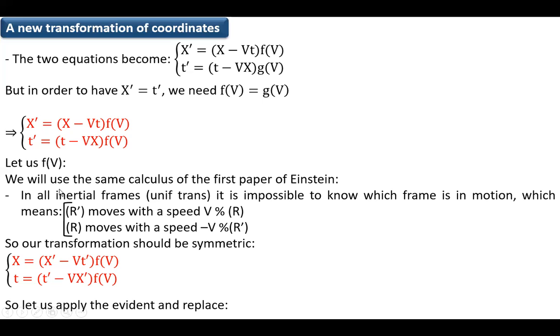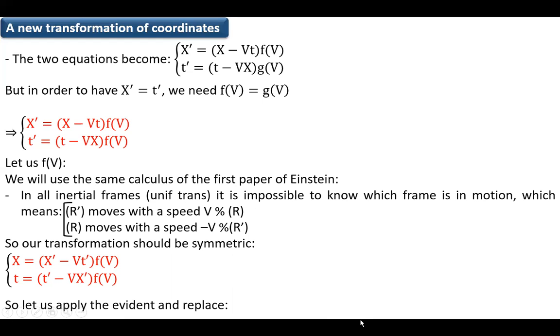And if t prime is equal to (t minus vx) times f of v, your t should also be equal to (t prime minus vx prime) times f of v. This is what we call a symmetric transformation in inertial frames that lets you go from R prime to R or from R to R prime. We need it to be a symmetric transformation.